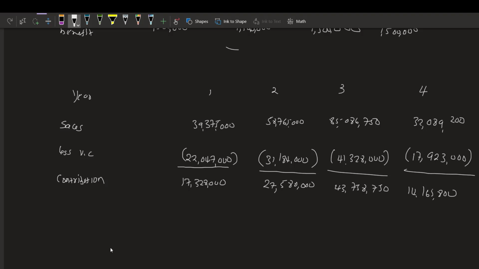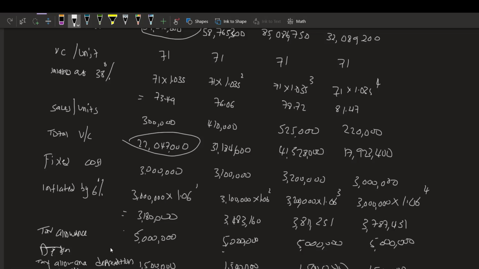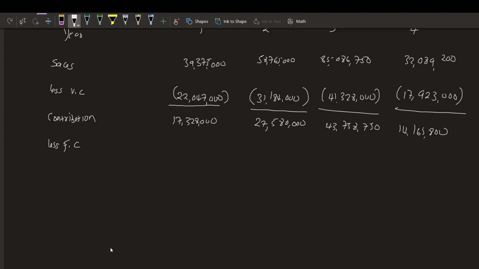Now from the contribution, we go ahead and less the fixed cost. So the fixed cost for the first year, we had calculated it here. It was 3,180. Less for the second year, 34,83,160.